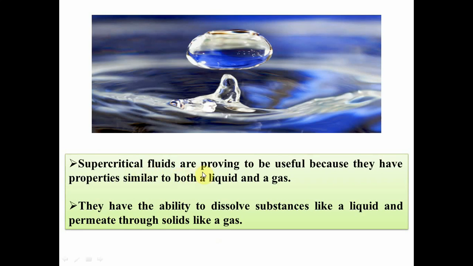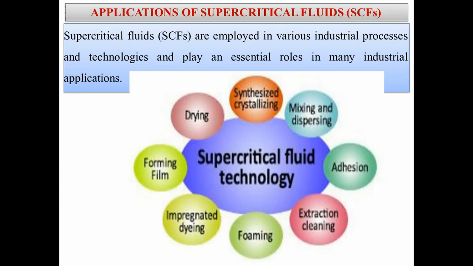Supercritical fluids are proving to be useful because they have properties similar to both liquid and gas. They have the ability to dissolve substances like a liquid and permeate through solids like a gas. These properties are used in their applications.